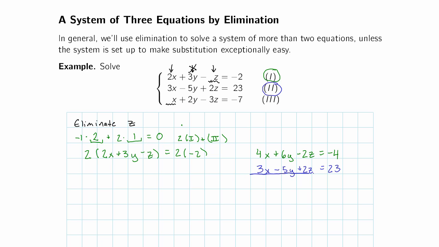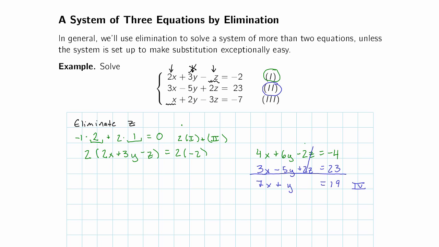And when I add those together, I get 7x plus 1y, and the z terms cancel out, and that equals 19. I now have a new equation with just an x and a y, and I'm going to call that equation 4, because that's a new equation that I'm probably going to want to refer to again later.